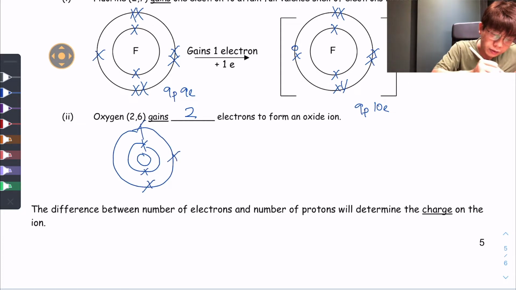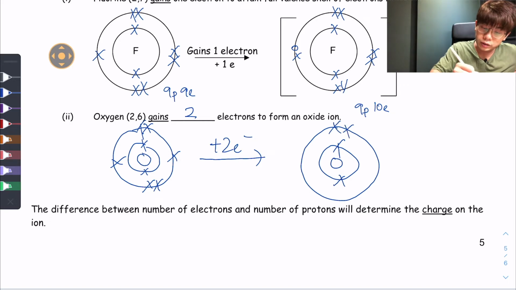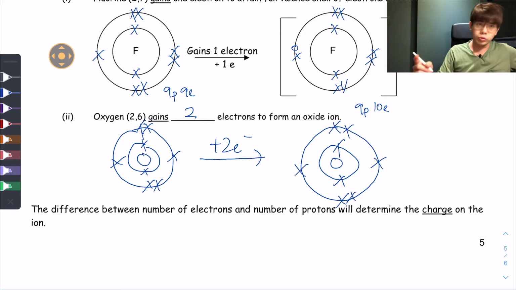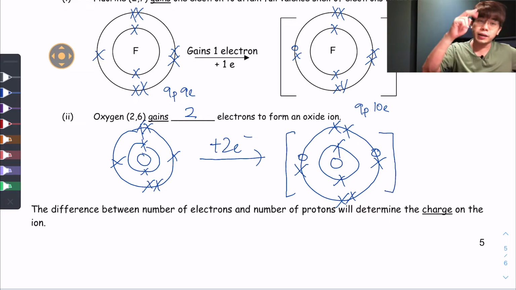Then it will gain 2 electrons, so 1 here, 1 here. Remember my square brackets. Because I gained 2 electrons, the overall charge is 2 minus.